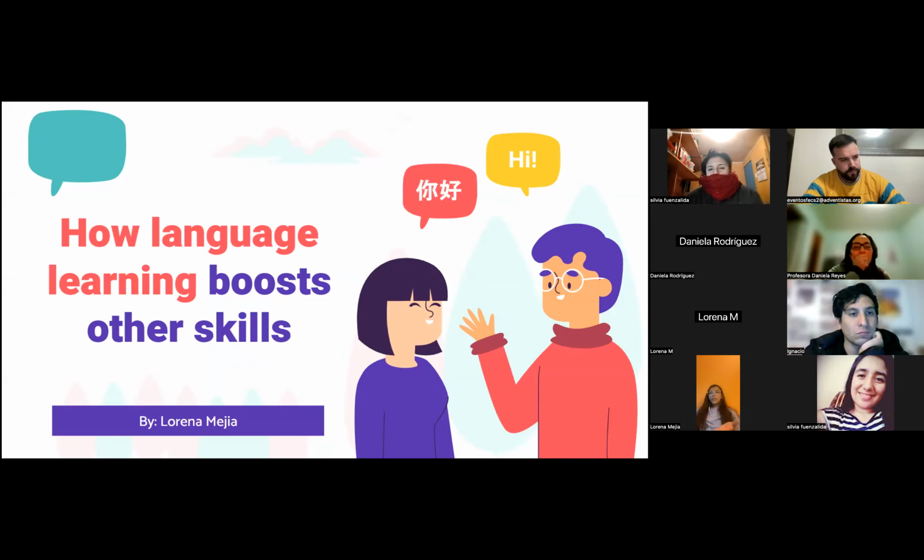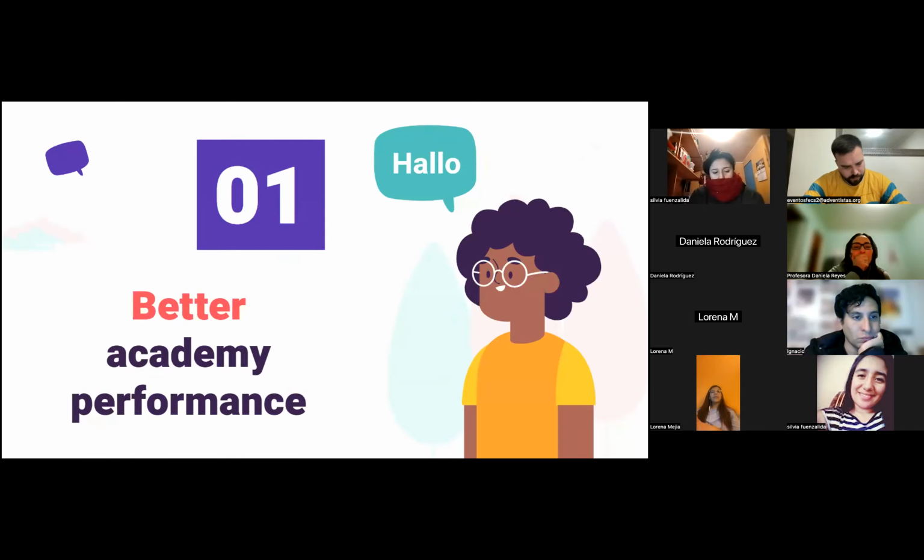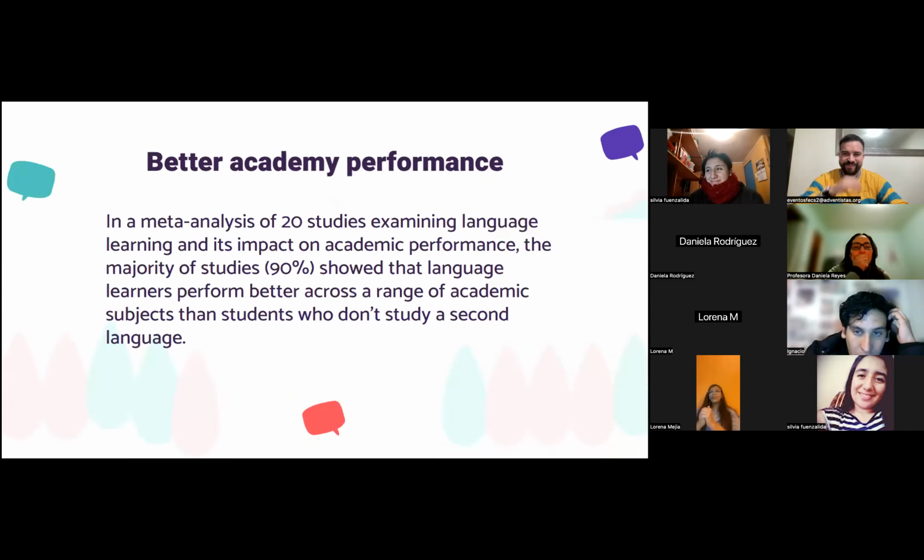So it's not surprising that these physical changes are accompanied by the improvement of certain other skills, such as communication, creativity, or concentration. I'll just choose 4 of this long list, but yeah, the first one is better academic performance.